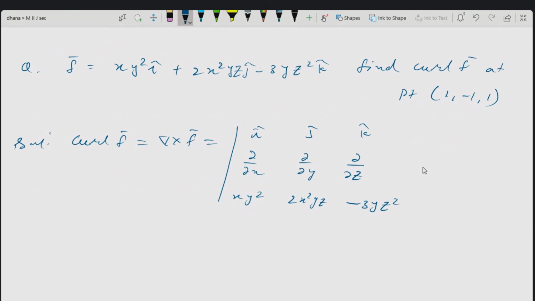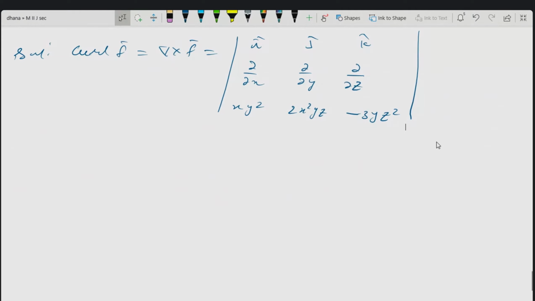Don't leave this minus sign, otherwise the result will be different, which is wrong. Now calculate all this. You have i cap. So this and this need to be solved. Differentiate this function with respect to y, you will get 3 minus 3z square. Then put a minus sign with respect to z, it will be minus 2x square y. Correct?